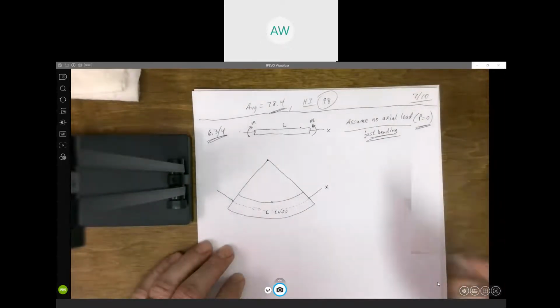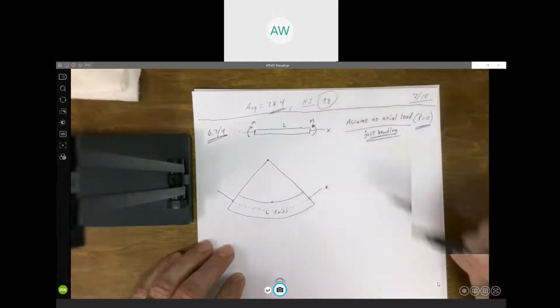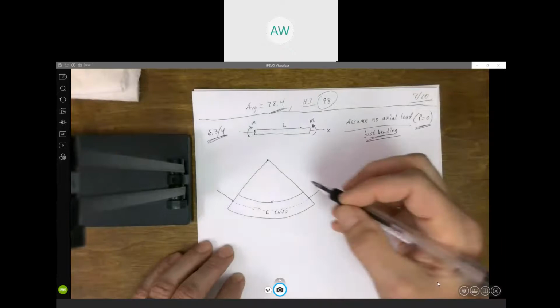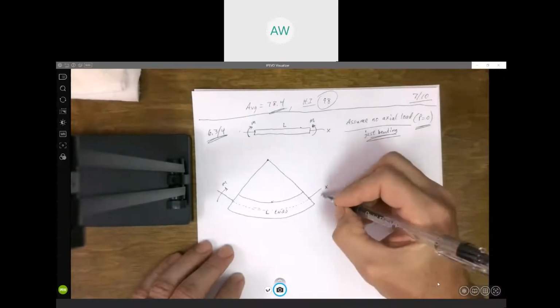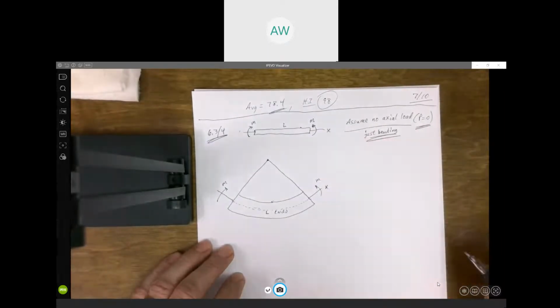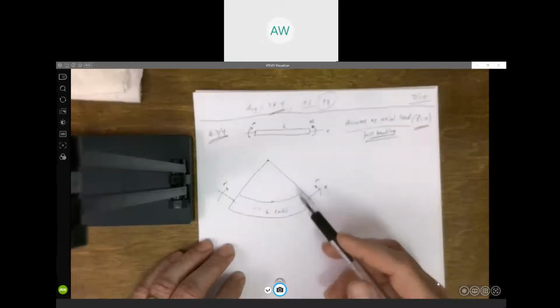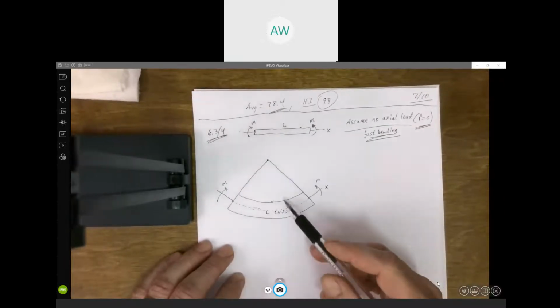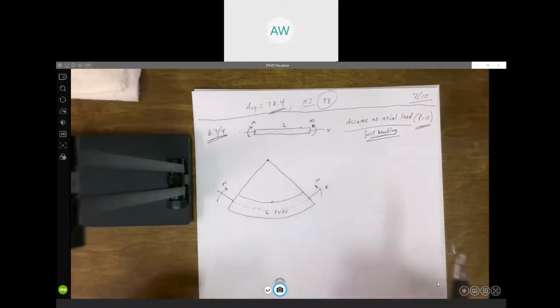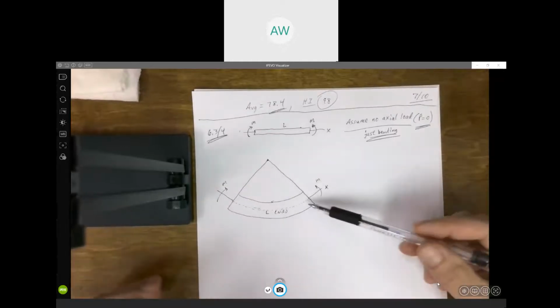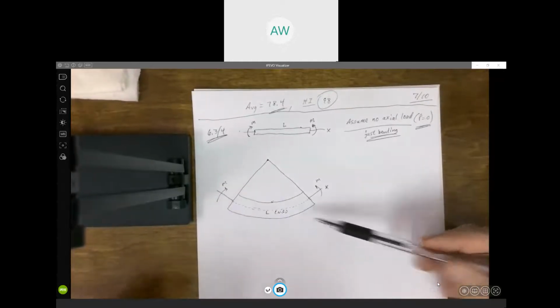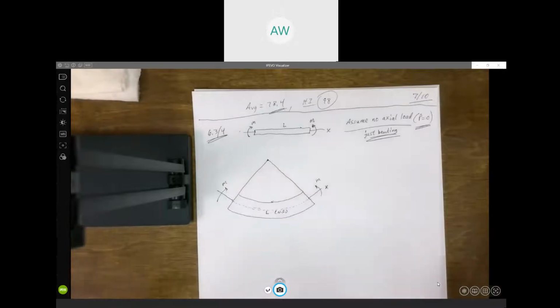So that surface down the length of the beam doesn't deform. In this case, if we're bending it this way, and it deforms like this, the top is getting shorter. In fact, anywhere above that neutral surface is getting compressed and will be shorter. Anywhere below that neutral surface is getting stretched. It's in tension, and it's going to get longer.